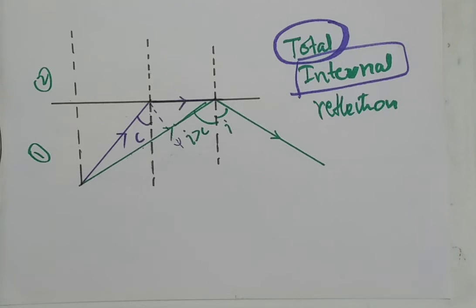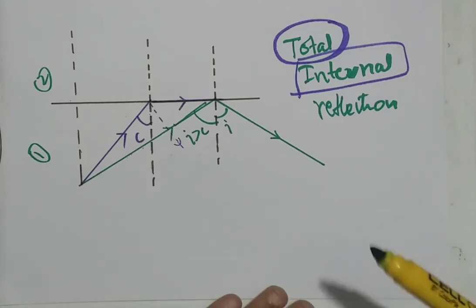The easiest way: total internal reflection is the phenomenon in which a ray of light moving from denser to rarer gets reflected when angle of incidence is greater than critical angle. This is the definition for total internal reflection.